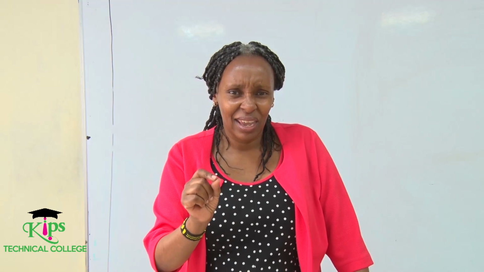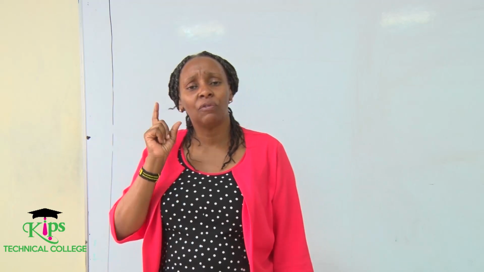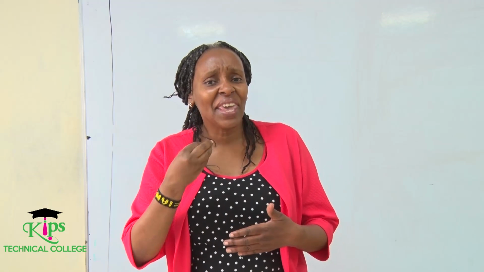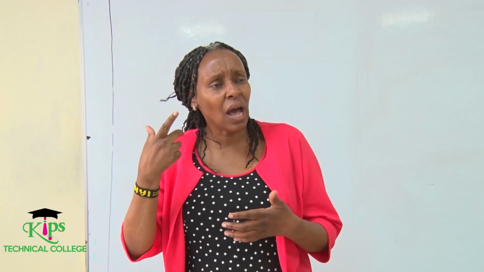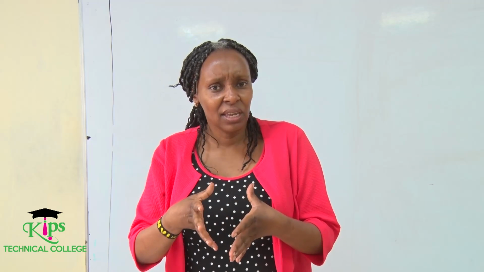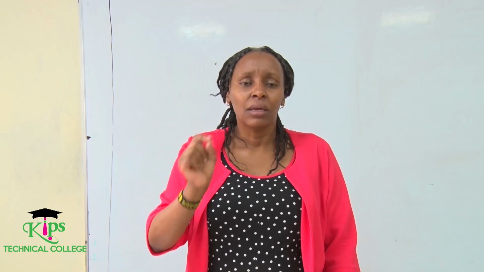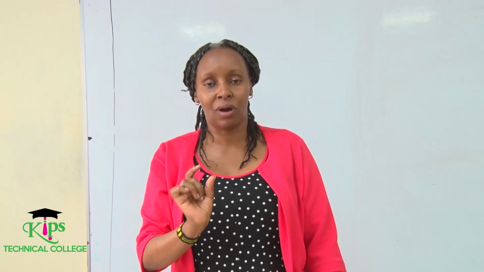J is heavy. So remember, we said from the word go that in shorthand we capture the sound. So which sound do you hear? How is the sound? Is it heavy? Is it light? If it is light, it is represented by a light stroke.